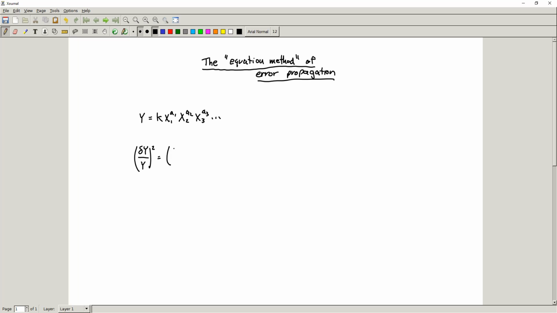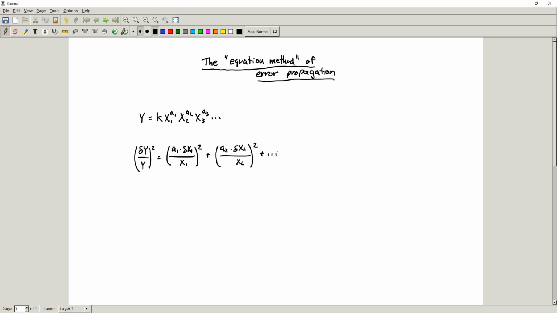And we end up with this expression here. There would be a more concise way to write this, but in the end, this gives us the guideline on how we're supposed to propagate error using the equation method. Maybe I'll take a quick step back here.